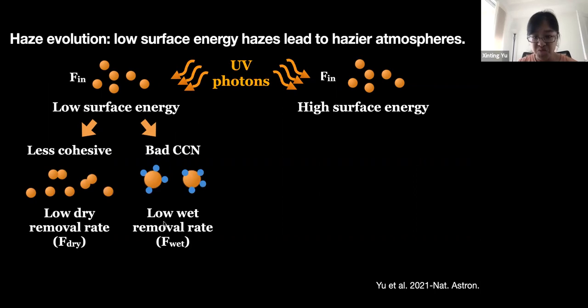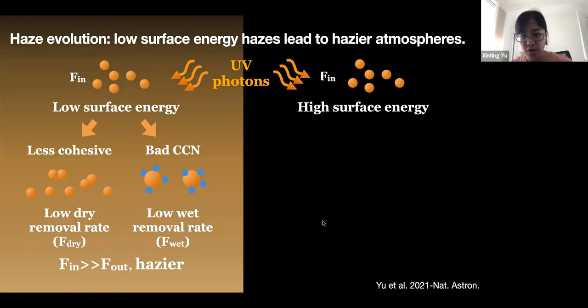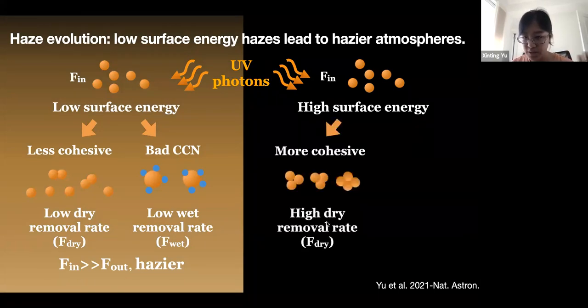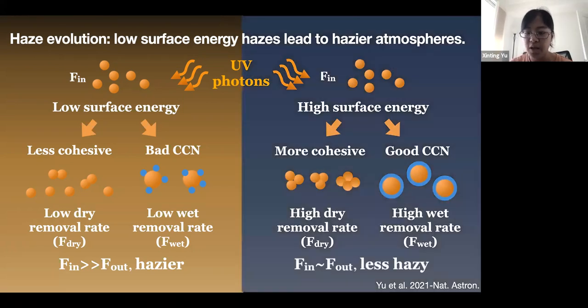So in the end, because the removal is all pretty low, if it's the same production rate, then we're going to tend to have hazy atmospheres if the haze has low surface energy. While if it's high surface energy, then it's easily removed both through dry and wet removal because it's very cohesive, so it bonds to stuff very well. And then it's removed efficiently, leading to less hazy atmospheres.